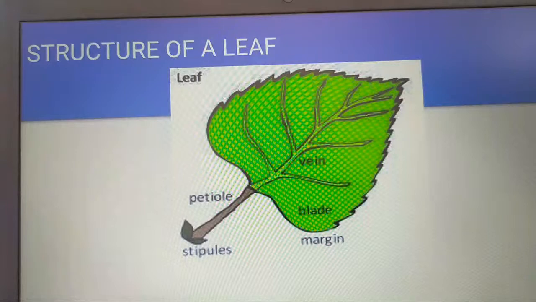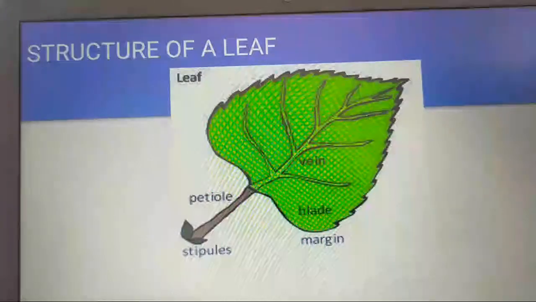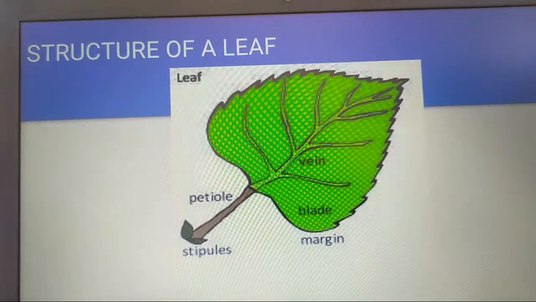In some plants, the leaf is directly attached to the stem without a leaf stalk, and such leaves are called sessile leaves, which means they do not have a stalk. Then we have discussed that the petiole takes water and food from the stem to the leaf blade.